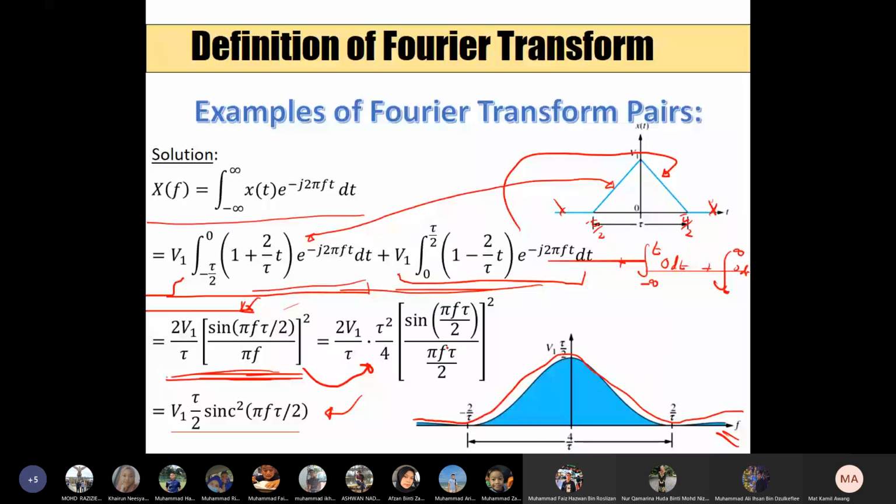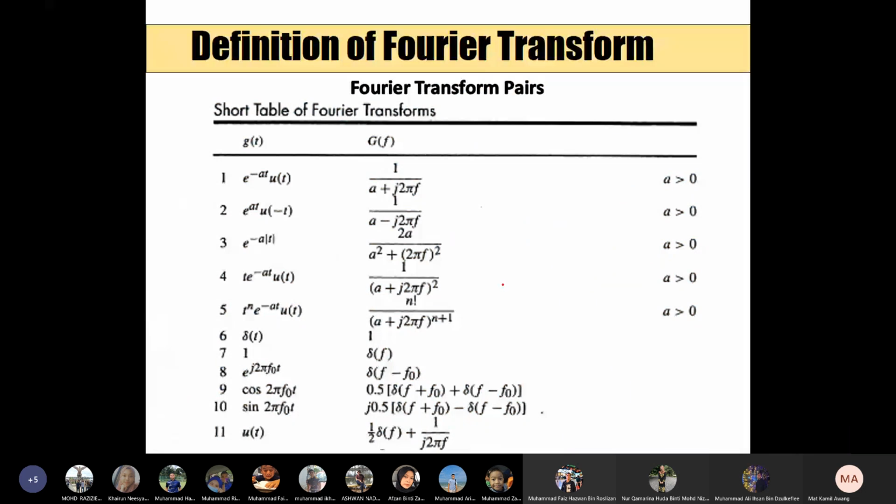Okay. So these are the Fourier transform pairs. Most probably we will give them in the exam. If in time domain it is e to the minus a t u of t, then the transform is 1 over a plus j 2 pi f, for all a greater than 0.